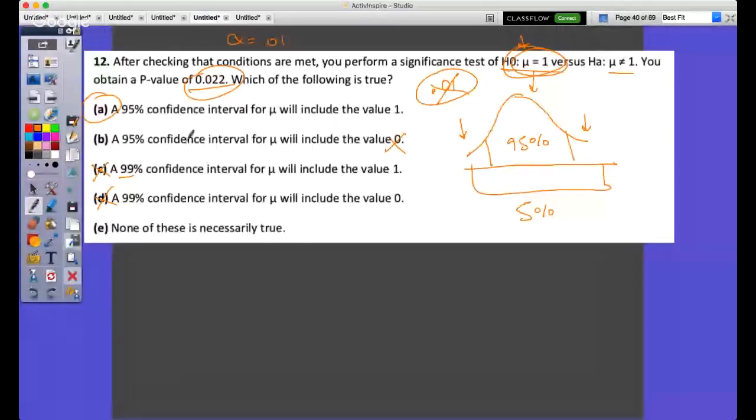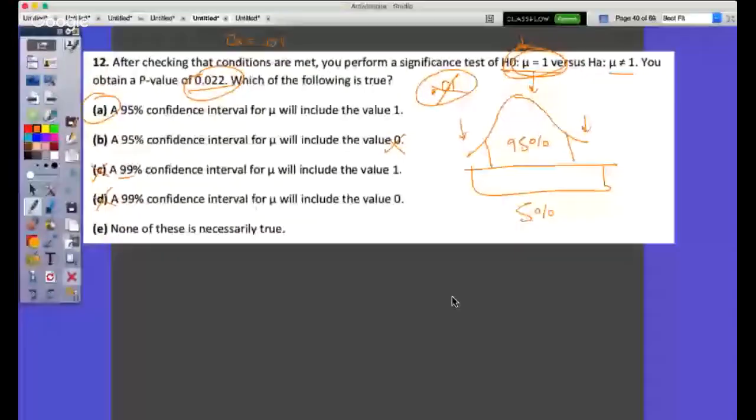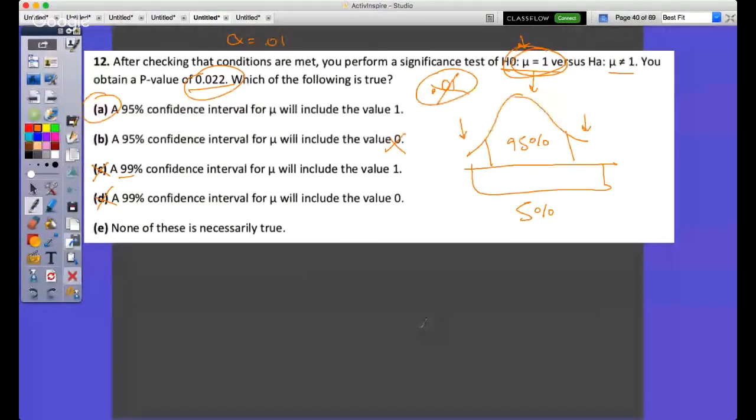That is incorrect. The correct answer would be oh, I backtracked. No, you're right. You're right. I did this backwards. I'm sorry, y'all. I missed this one. Dadgummit, because we were trying to teach this too.